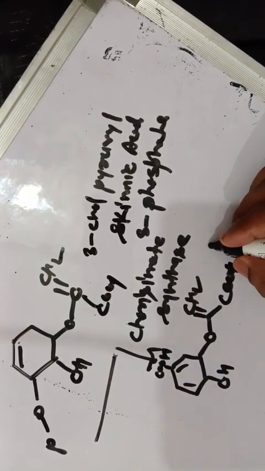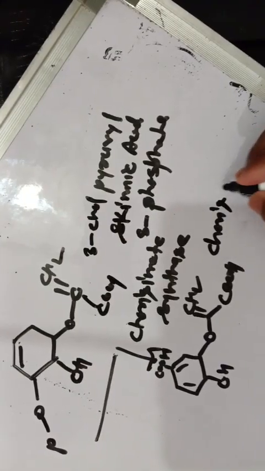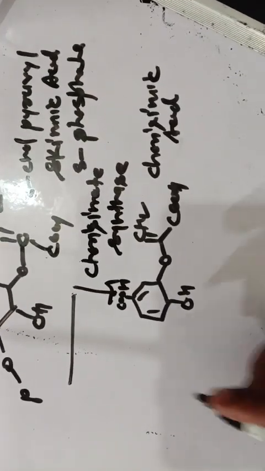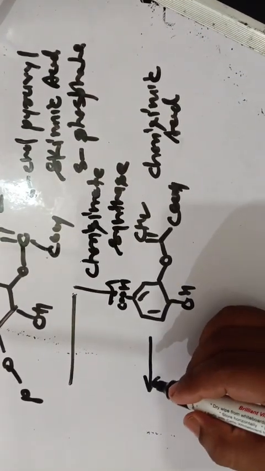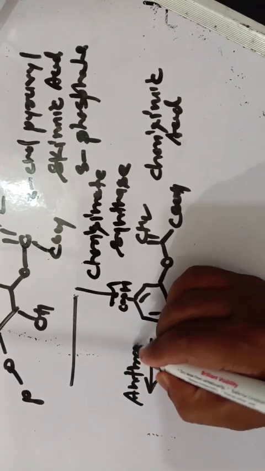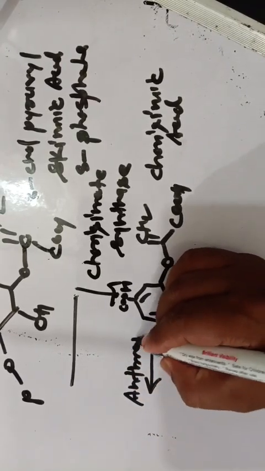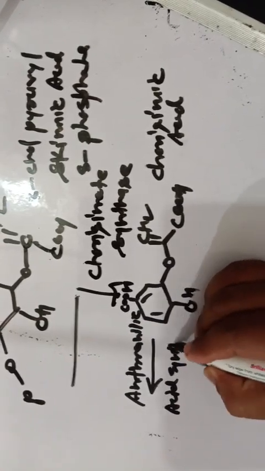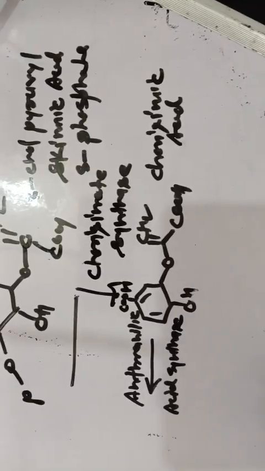This is chorismic acid. And on this chorismic acid, we will use an enzyme known as anthranilic acid synthase.